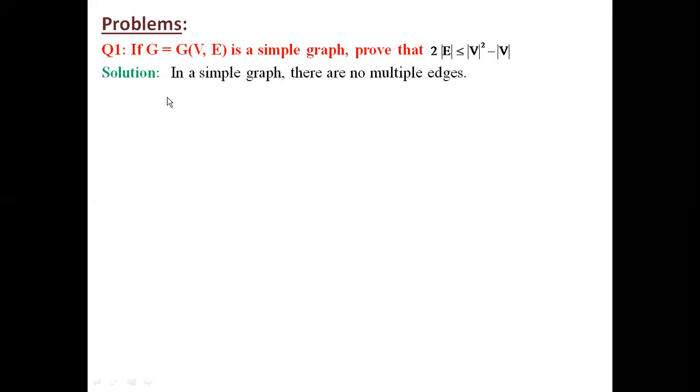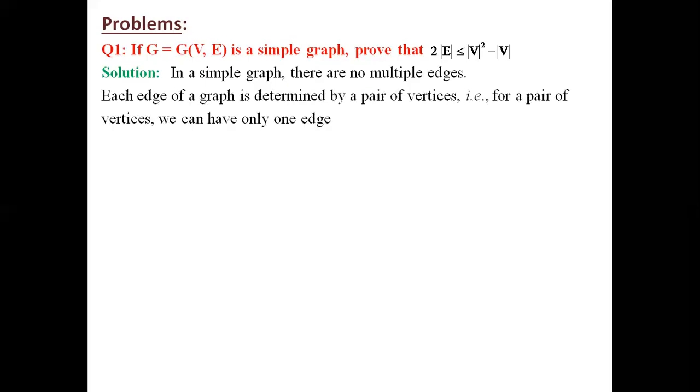Let us see the solution. In a simple graph, there are no multiple edges. From the definition we have learned this. A simple graph does not have any loops or multiple edges. Each edge of a graph is determined by a pair of vertices. So whatever edges we are drawing in a simple graph, they are determined by a pair of vertices.